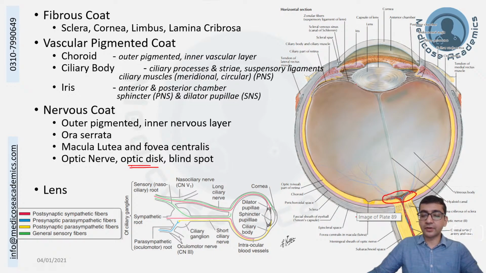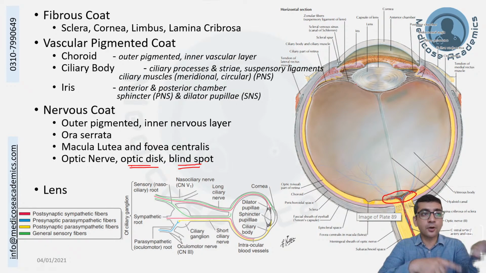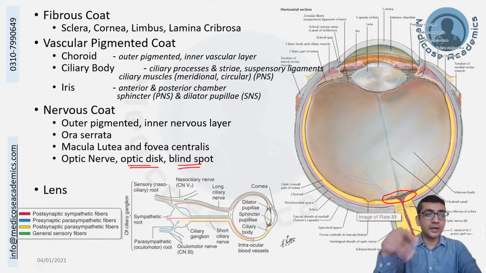It is where the optic nerve enters along with the central artery of the retina, and it does not have any rods and cones. It is a blind spot. You don't see anything here. And actually your eye is moving very rapidly, with little saccadic movements, that compensate for the blind spot, and it rapidly falls the image on the areas surrounding so that you don't get the blind area.